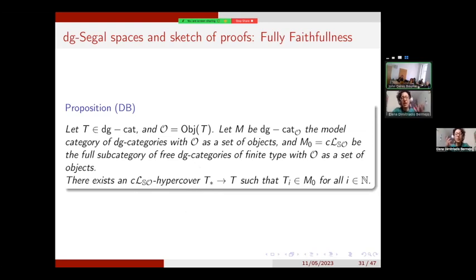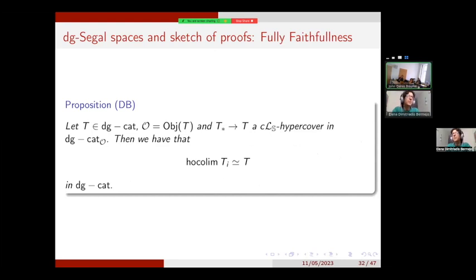Now, if you read the entire slide, that is not exactly what I'm saying. We have to fix points, but that is a completely technical detail, so I'm just going to sweep it under the rug for the interest of this idea. There exists a hypercover, and that is all you need to remember.